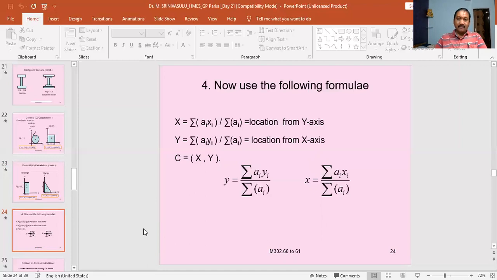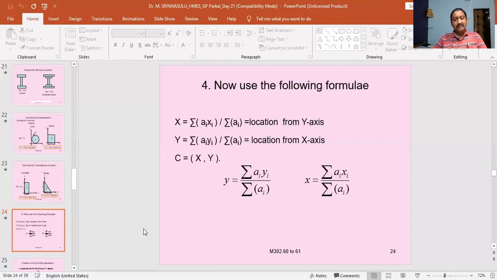A similar formula. The y coordinate can be found by the algebraic sum of the areas multiplied by the y coordinate, divided by the algebraic sum of the areas. That is nothing but y is equal to sigma ai yi by sigma ai.